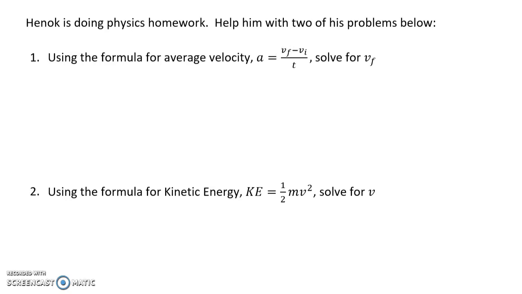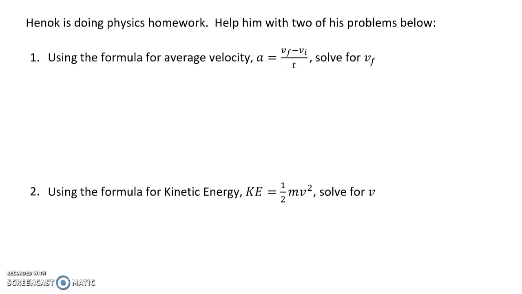Solving for that means I want to have VF equals, and then I'll have it equal in terms of everything else. So when I am solving, I need to go in the opposite order of how I would evaluate. So let's say if I had numbers right here, if I was evaluating, I would start by subtracting and then I would divide.